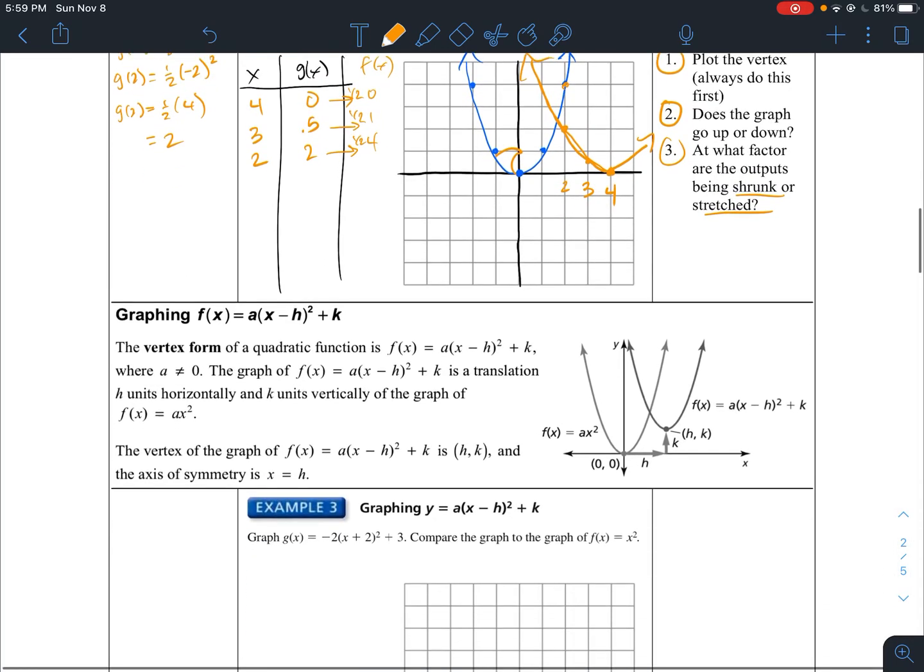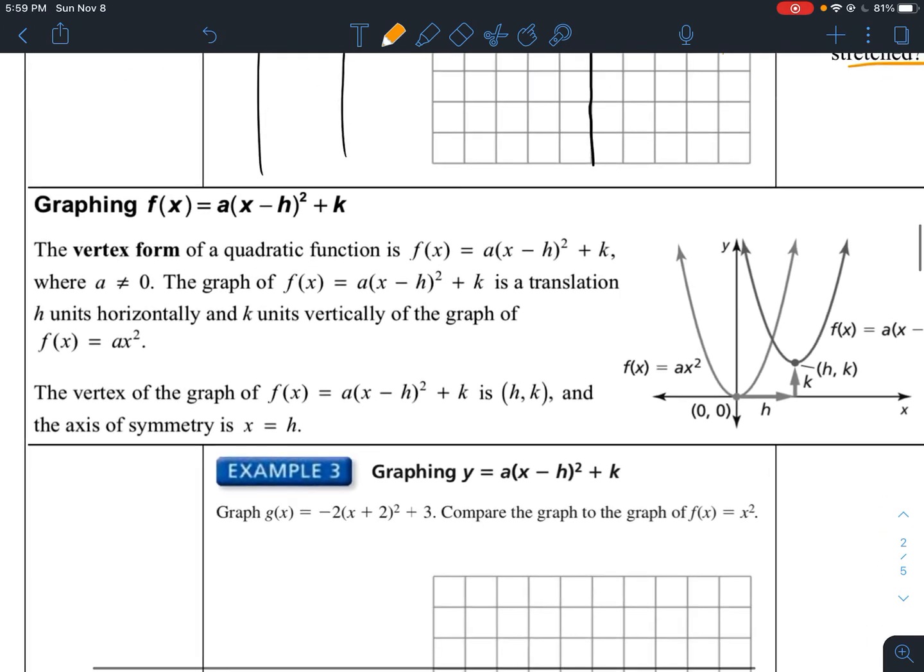Okay, let's keep going. So right here we have f of x is equal to a times x minus h squared plus k. So the only difference here is that we have a k value. So right here, this is the same thing as y is equal to ax squared plus c.